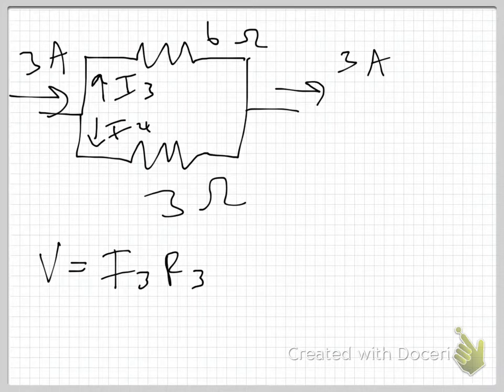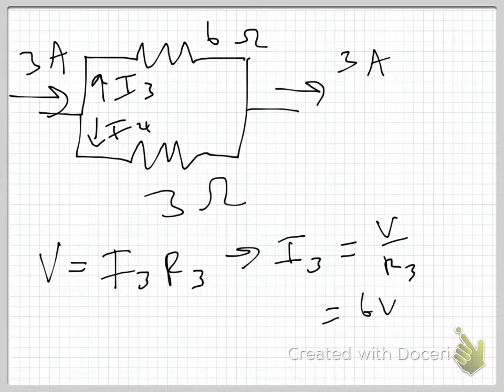What I'm interested in is the current flowing across that, right? So I just solve this for the current. I3 is equal to V over R3, which is equal to 6 volts over 6 ohms, which is 1 amp. Yay! Alright, so now I know what current is flowing through the 6 ohm resistor.